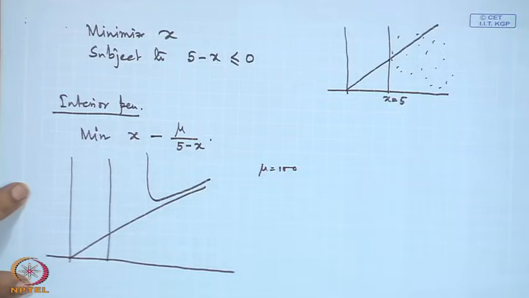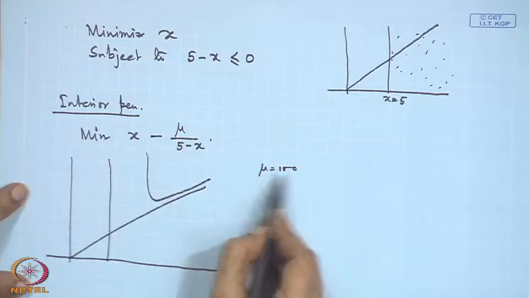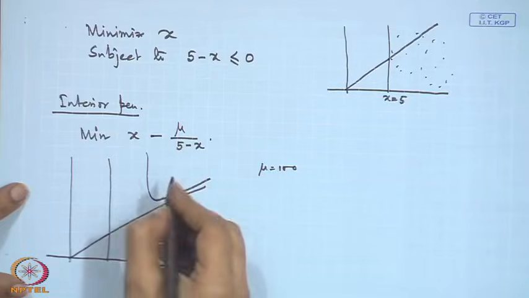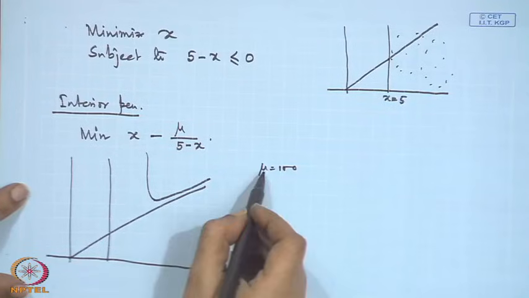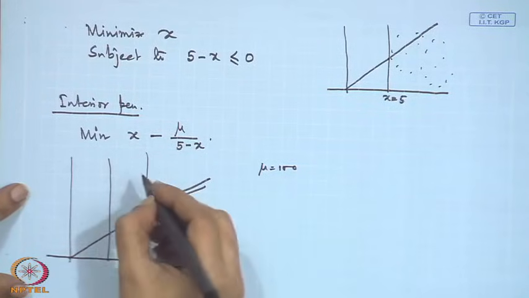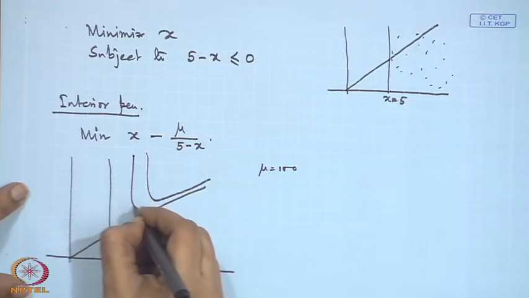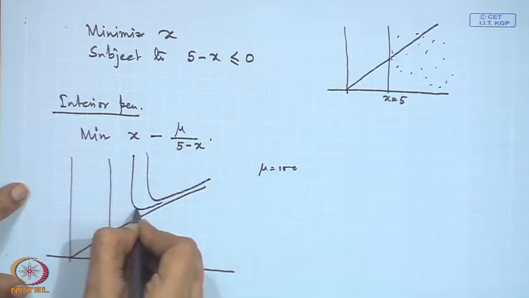For x plus mu by 5 minus x with mu equal to 100, this is the function. Certainly, this is the unconstrained problem; apply any unconstrained optimization technique and we can achieve the minimum here. Now, let us reduce the value of mu, say mu is equal to 10, the function is coming here, then the minimum is coming here.